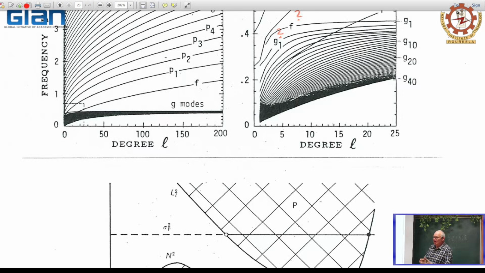We are now in the position, at least for those stars for which the adiabatic approximation is reasonable, and these are very many stars, including our Sun, to compare the result of the theoretical calculation with the observation, and thus to determine those solar models which provide theoretical frequencies which are close to the observation, and thus constrain stellar parameters and stellar or solar models which are thought to be realistic or close to reality. Okay.